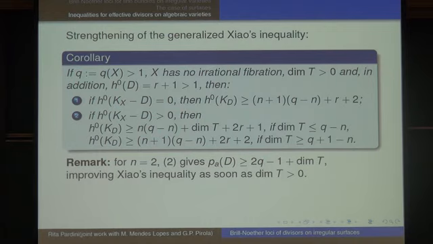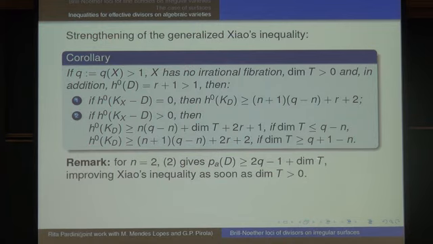You see the bounds that one obtains are significantly better, because for n equals 2 the improvement is that you get this dimension of T here.